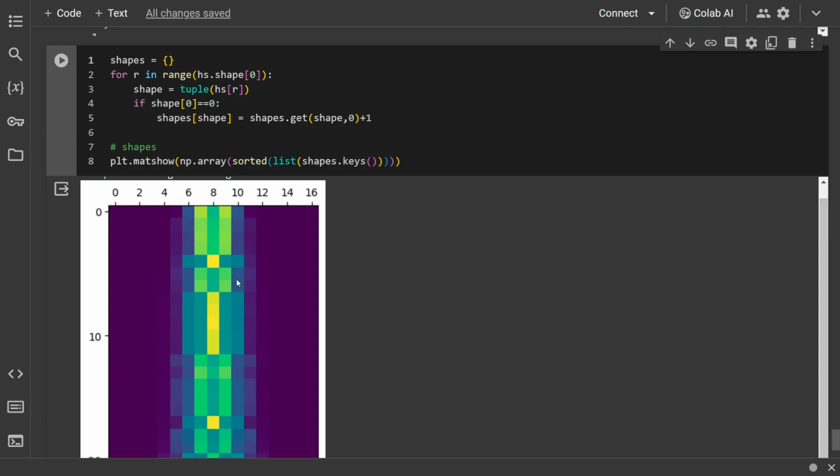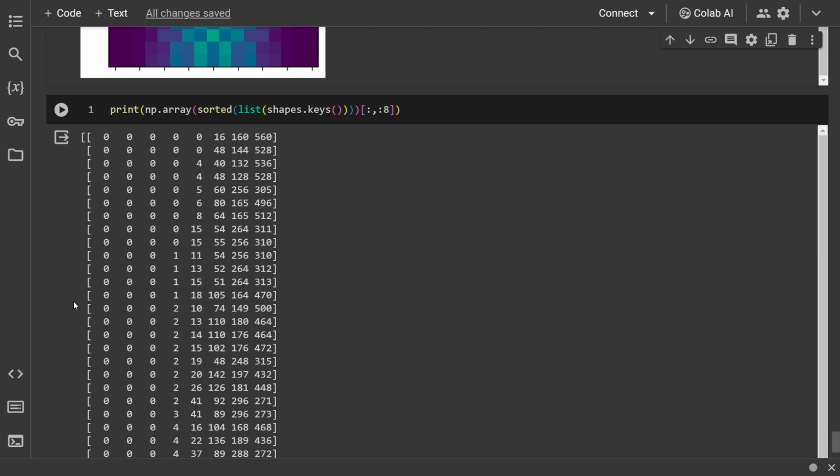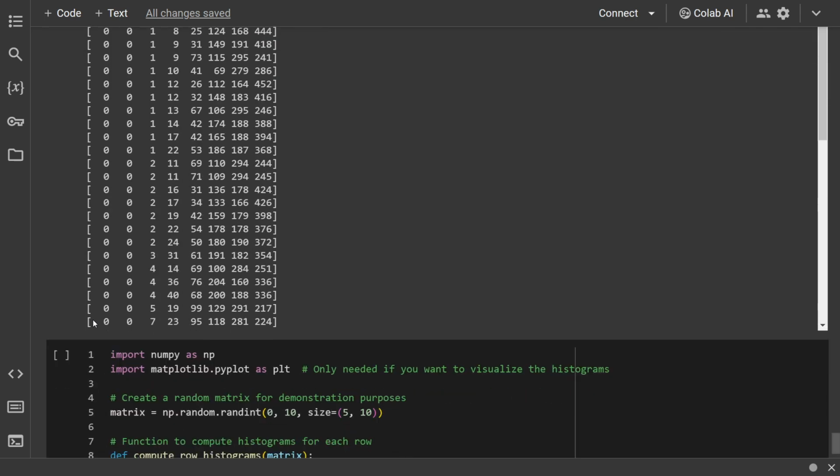We can see, that's actually better to look at the numbers. So we go to the numerical representation of that. Down here, let me kill that.